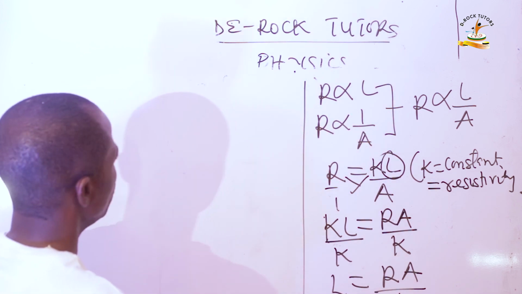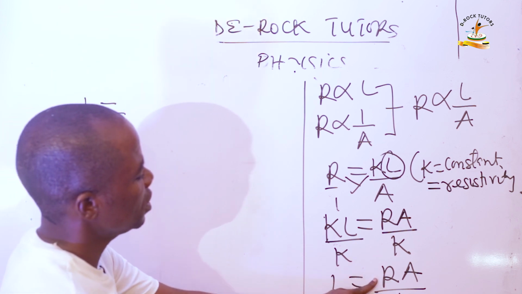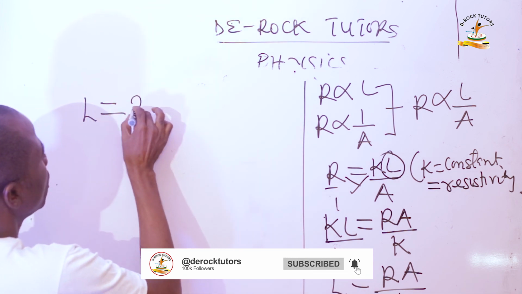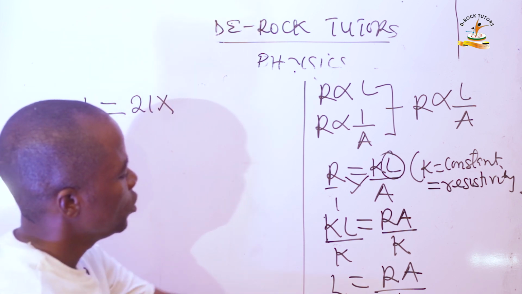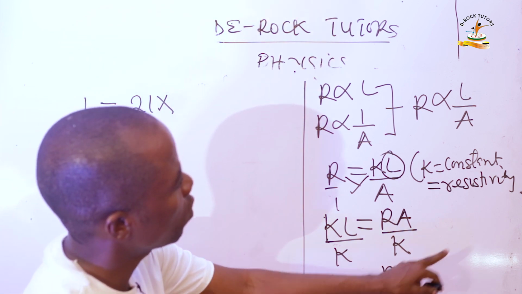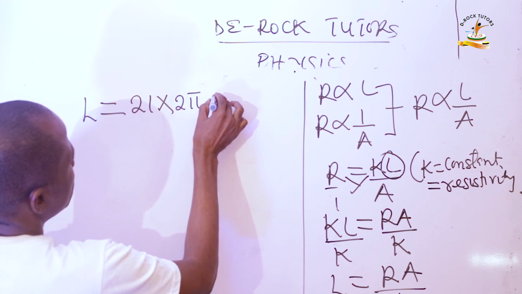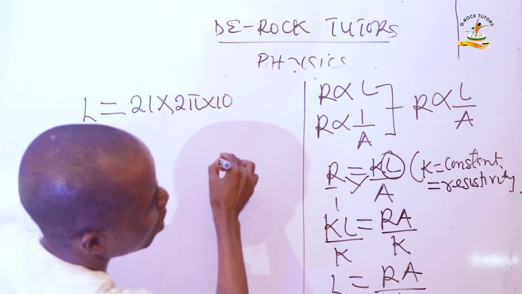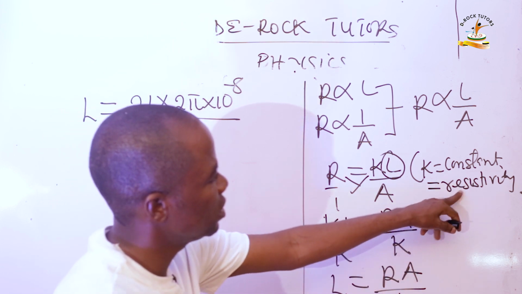So if we continue with our question here, it means our length is the resistance of the wire, which has been given to be 21 ohm, times the area. The cross-sectional area of the wire has been given to be 2π times 10 raised to the power minus 8, then divided by K, which I told you is the resistivity.